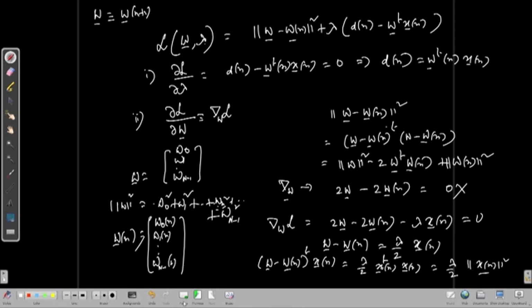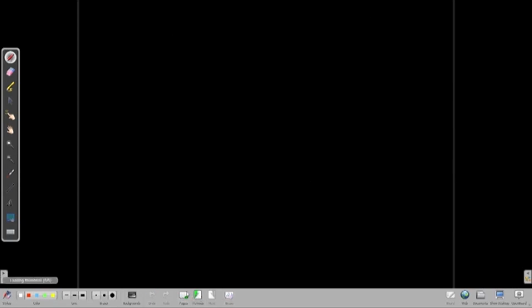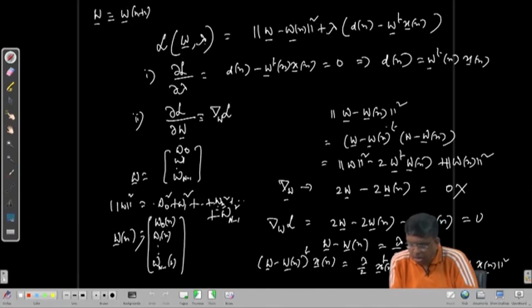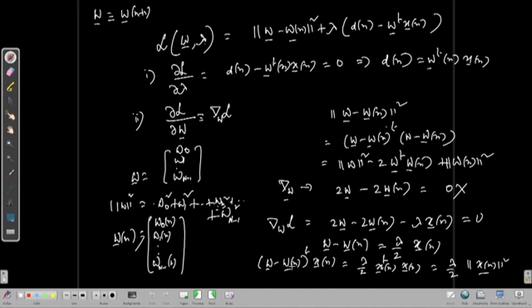Lambda is 2 into W minus W n transpose x n by norm x n square.